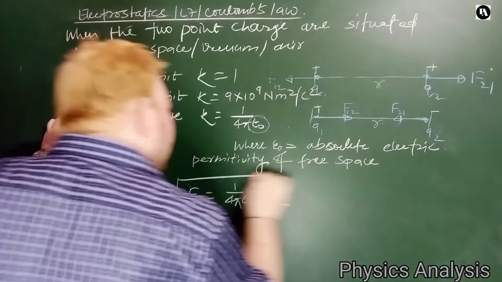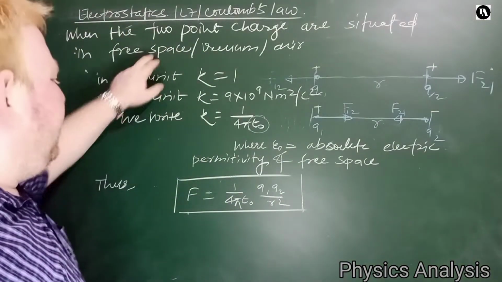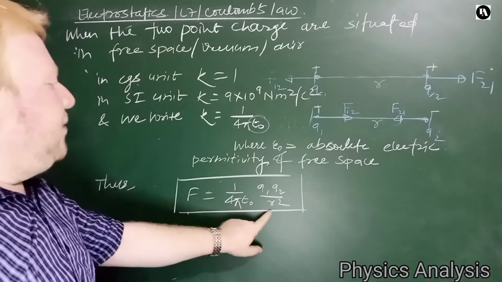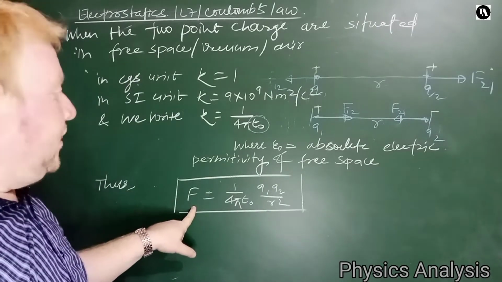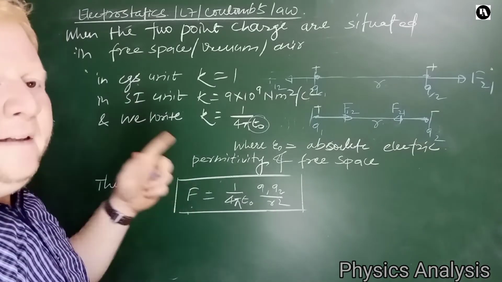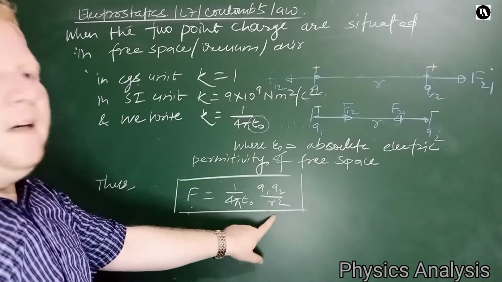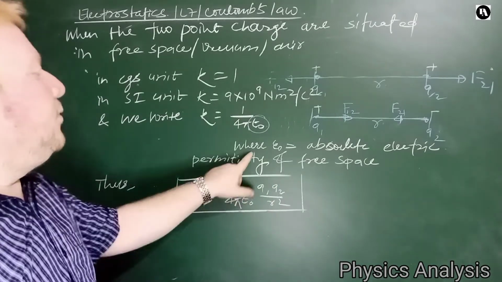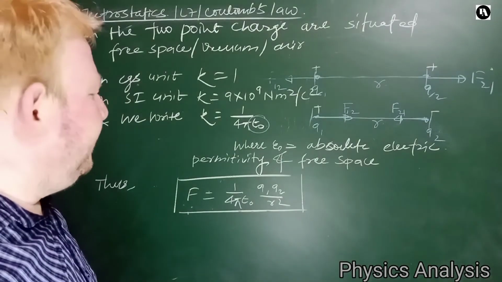So suppose two point charges are placed in air or in vacuum or in free space, right, separated by r distance. So what is the Coulomb force acting between these two point charges? That will be equal to 1 by 4 pi epsilon naught Q1 Q2 by r square, where epsilon naught is the absolute electrical permittivity of free space or vacuum or air.